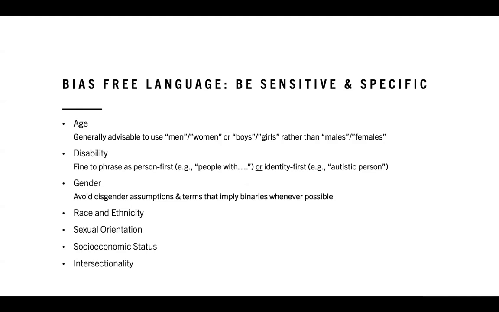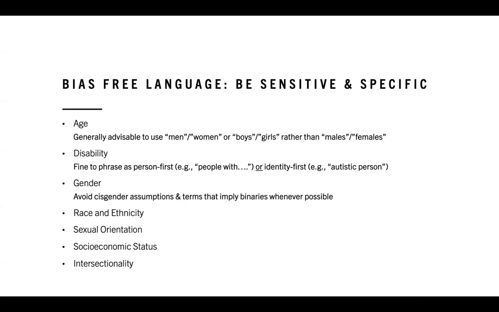Also, in terms of race and ethnicity, there are a lot of specific ways to write about people according to their racial identity and their ethnic groups. I've already referred some of you to these sections. You really need to review them. I'm not going to go through all of them in detail right now: race, sexual orientation, socioeconomic status, and generally intersectionality.